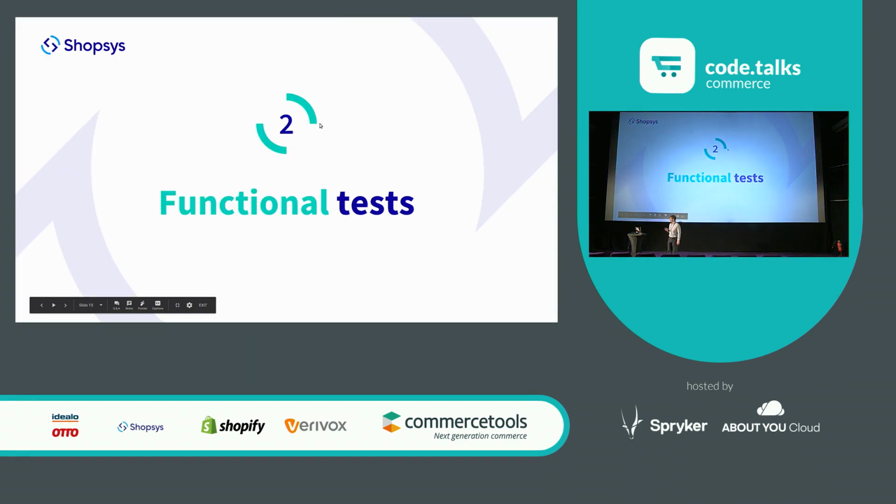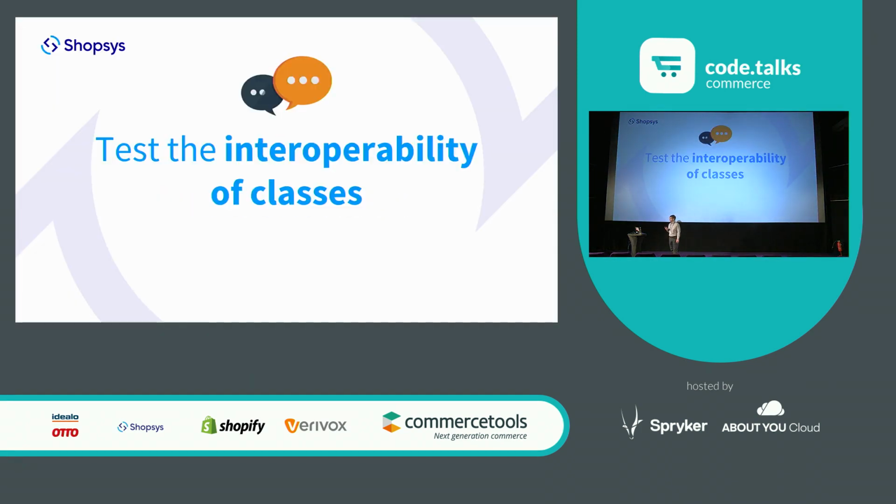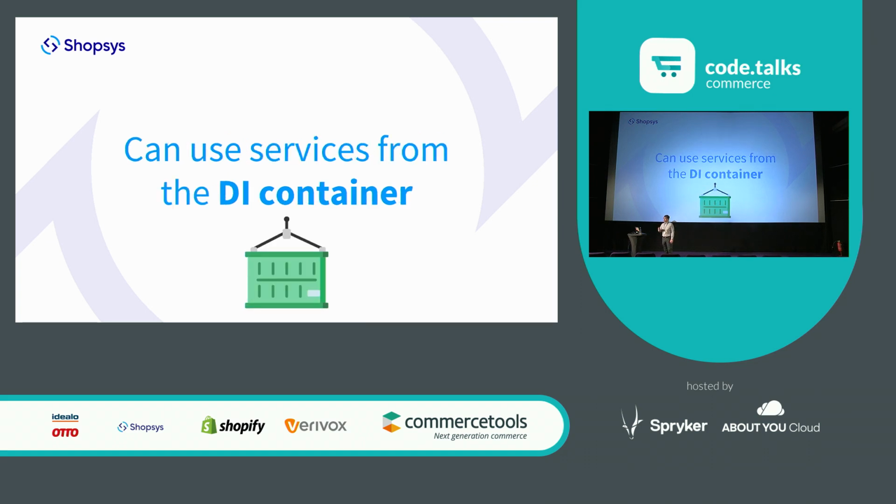Second type of tests are the functional tests, and they test the interoperability of different classes. They are sometimes called also integration tests, and in them you can use the services right from your dependency injection container.